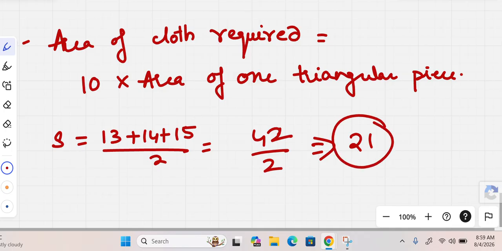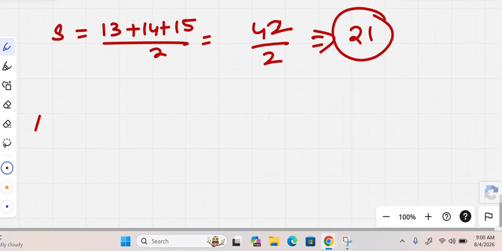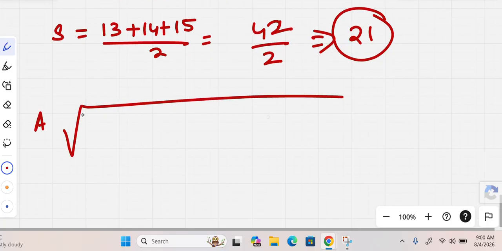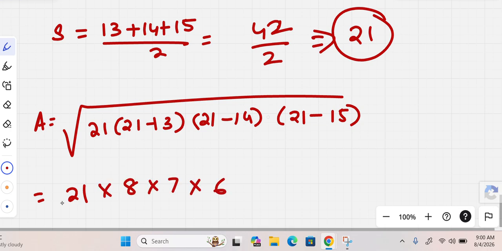You have done it, so tell the values. 21 into (21 minus 13), (21 minus 14), (21 minus 15): 21 into 8 into 7 into 6.